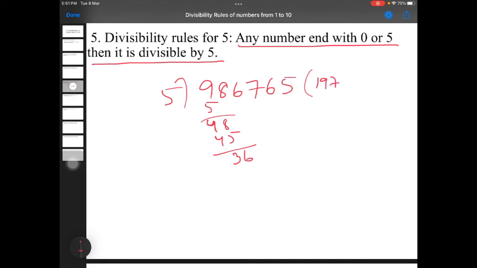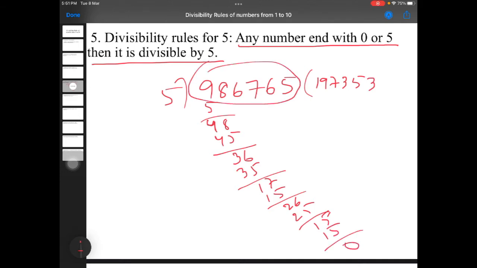This one will go with 7, 35, 1, 7, and this one will 3, 15, 2, 6, and 5, 25, and 1, 5. So here is 3. So we can see this number ends with 5, so it can be divided by 5. In this same way, if we put any number which ends with 0, then we can divide it by 5.